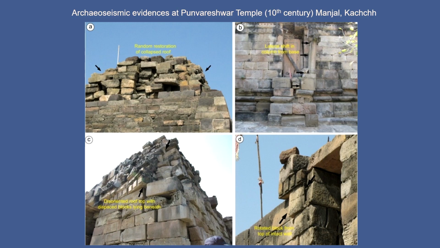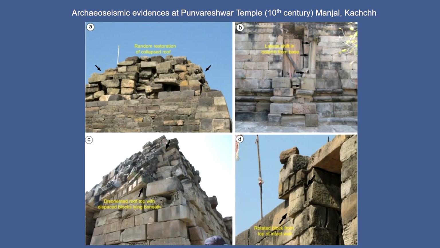And as I told in the previous lecture, this block movement back and forth and displacement of the blocks were very commonly seen in such structures. As well as the rotation of the blocks.